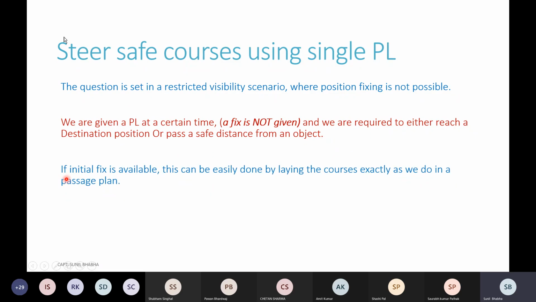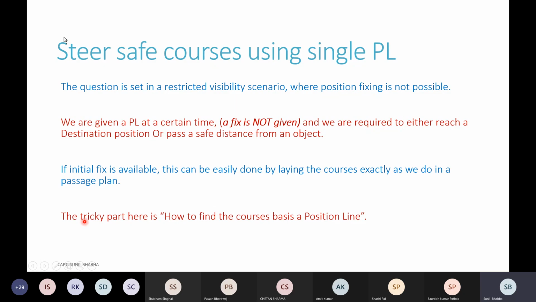Now, if initial fix was available to us, it would be very easy to do this kind of question. Then it becomes exactly similar to what we do in a passage plan. So if initial fix is available, this can be easily done by laying the courses exactly as we do in a passage plan.